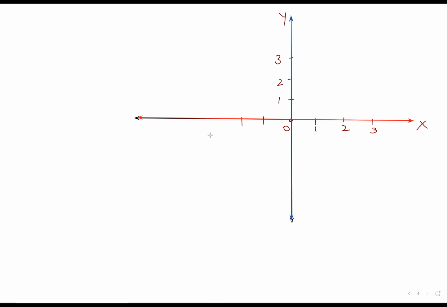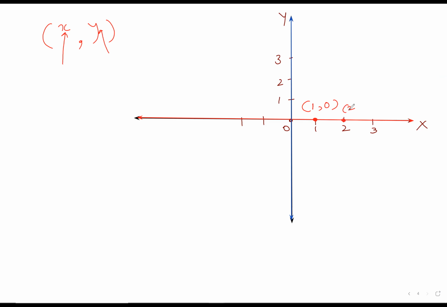Now just take a look at any point on the x-axis. What is this point? Whatever point we write, first we write the x coordinate, then we write the y coordinate. So for this point, the x coordinate is 1 and the y coordinate is 0. So this point is 1, 0.